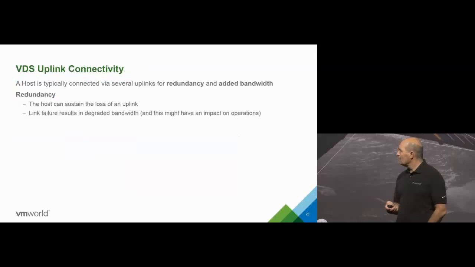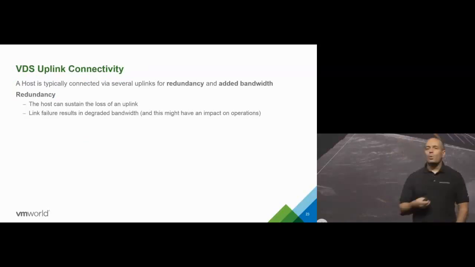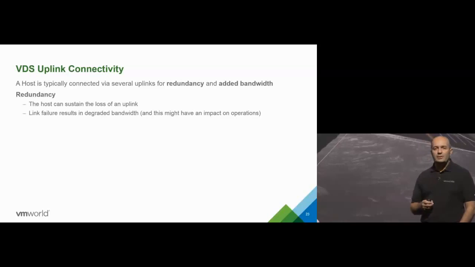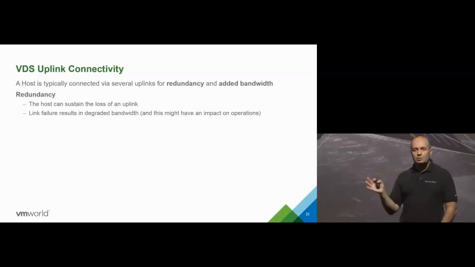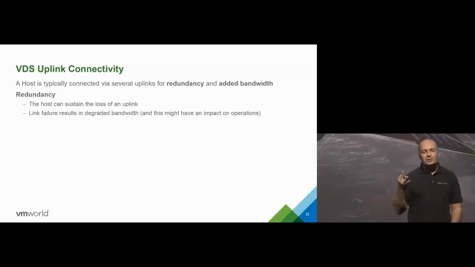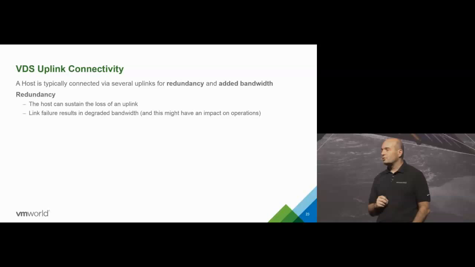So let's go over the different ways you can connect your uplinks with NSX. I'll start first with some general concepts on the vDS without NSX. Typically, again, your host is attached through several uplinks to several top-of-rack switches for two reasons. Redundancy, obviously.